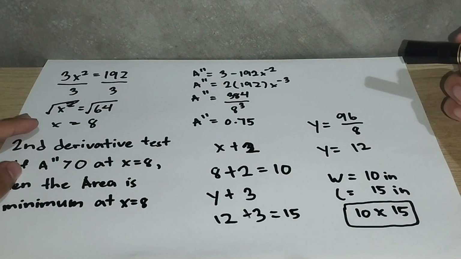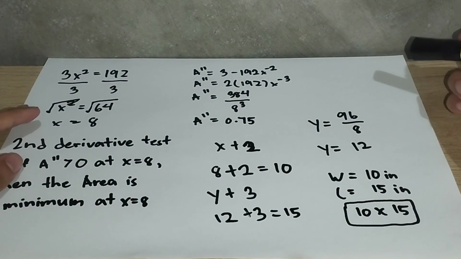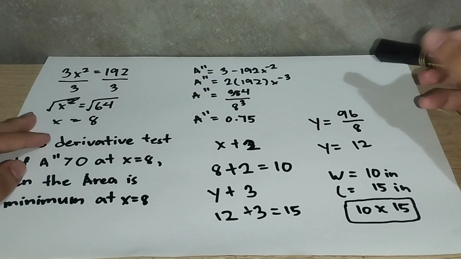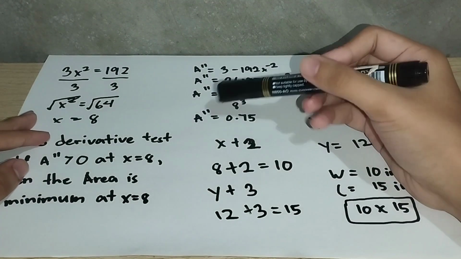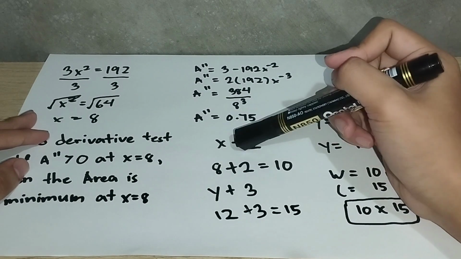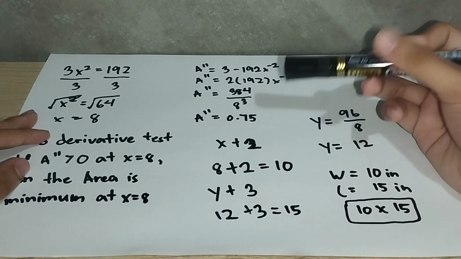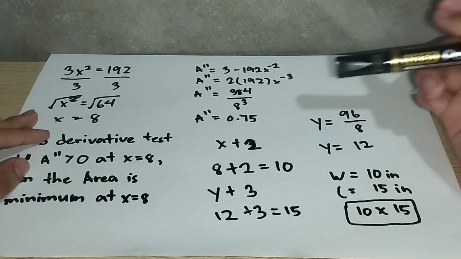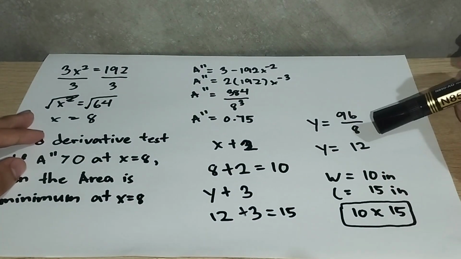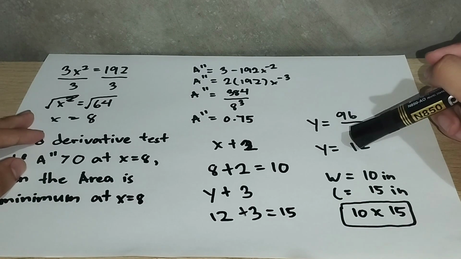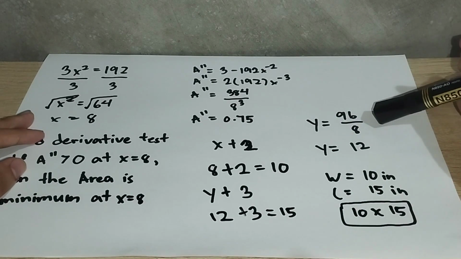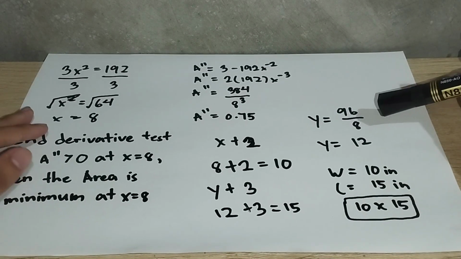To find the dimensions, let's get the equations that we got earlier. We will just substitute 8 to x to have 8 plus 2 equals 10. To find y, let's get the equation that we solved earlier. So y is equal to 96 over x.